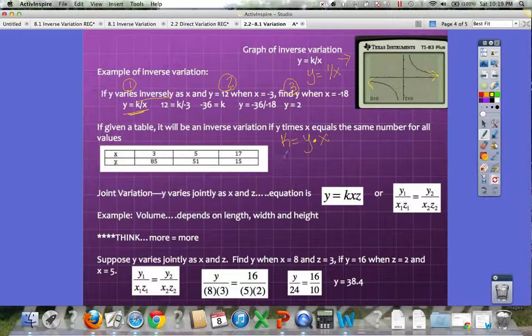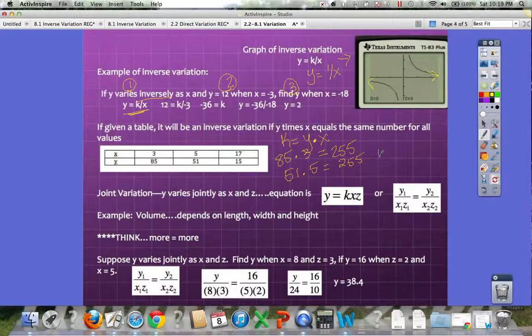So let's look at these. Let's start with this one. 85 times 3. What does that equal? I believe it's 255. Yeah. 255. All right. And then 51 times 5. That equals 255.